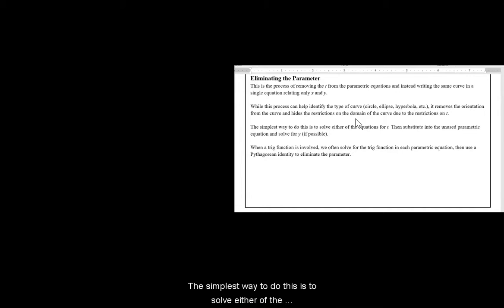The simplest way to do this is to solve either of the parametric equations for the variable t. Then be sure to substitute it into the parametric equation you have not used yet, and then solve for y. This may not always be possible, since parametric equations are sometimes used to represent equations for which you cannot solve for y.